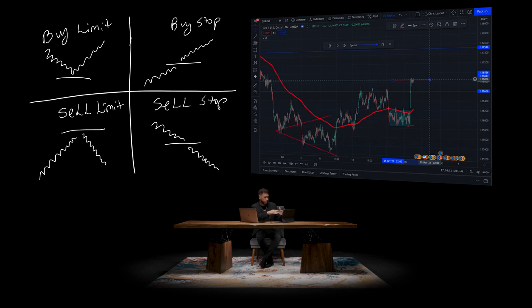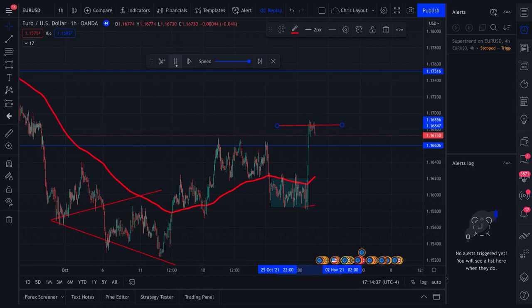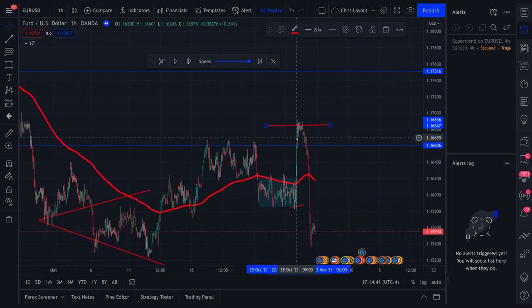Let's look at the graph here or the drawing. If the market is going up and I want it to reach a limit and then bounce down and I want to make money while it goes down, I want to do a sell limit. So we put a sell limit here, and literally let's look at what it does. Boom. And so we won that trade.